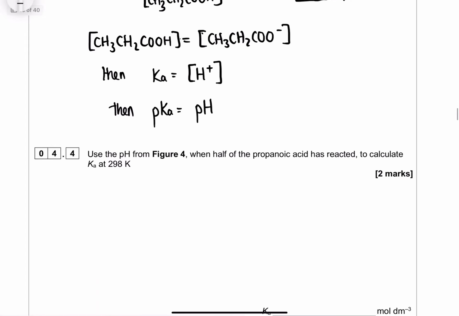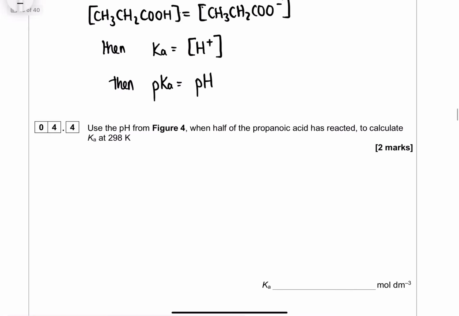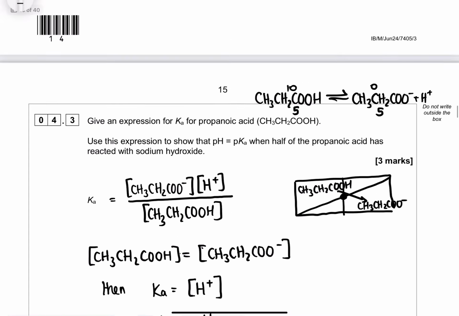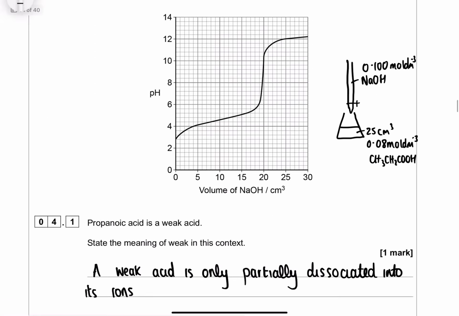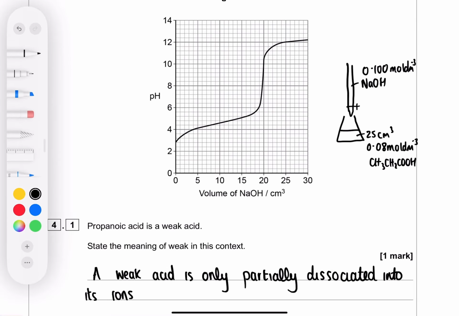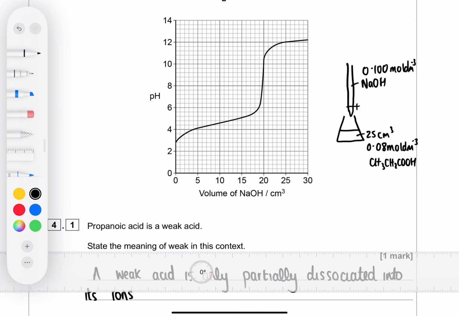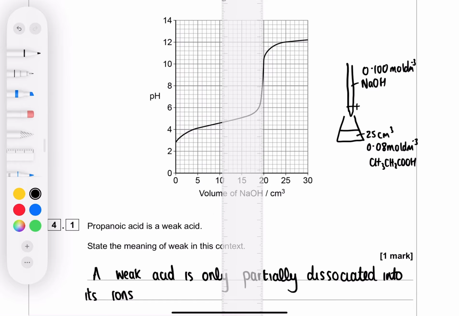Use the pH from figure 4 when half the propanoic acid has reacted to calculate the Ka. So we need to go back to figure 4 and have a look. So the equivalence, when it's all reacted, is here at 20.